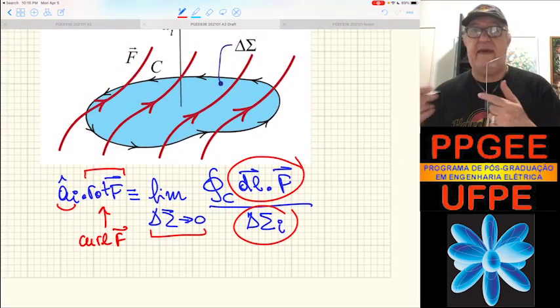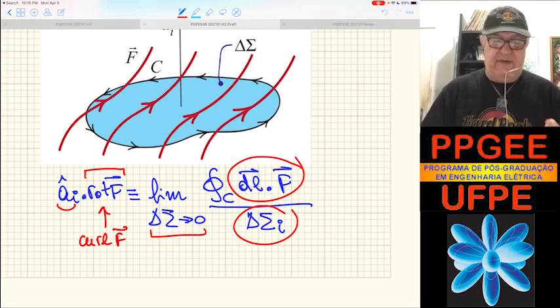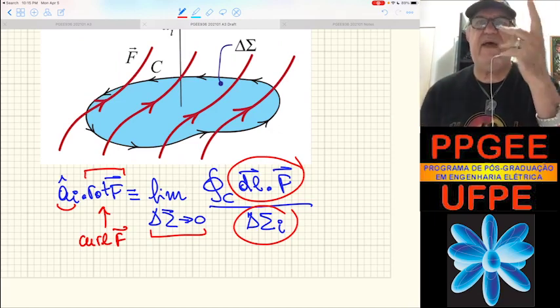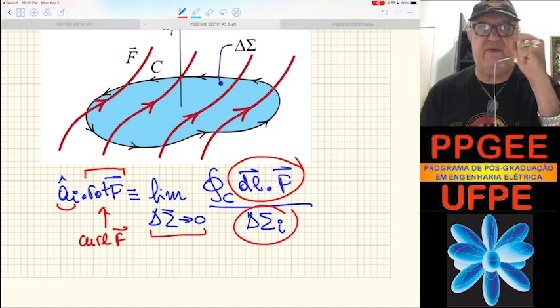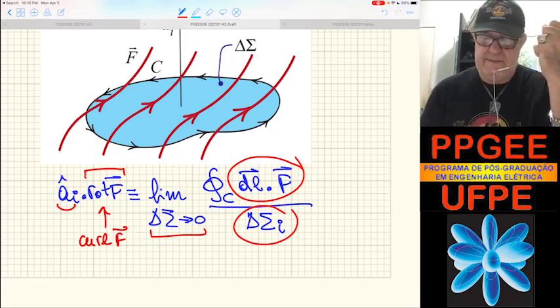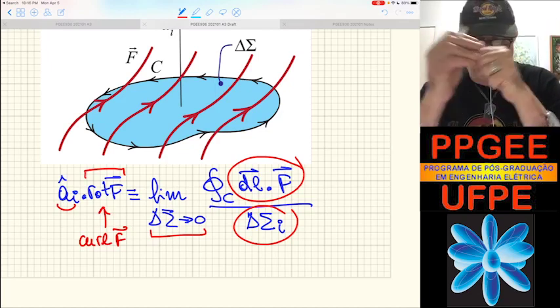Again, let's look at the dimension. Well, first of all, that's one component, so this is a vector field. So we would have to calculate three components of the field to build the curl of a vector, which is a field, which is a vector, right? What about the dimension of the curl?